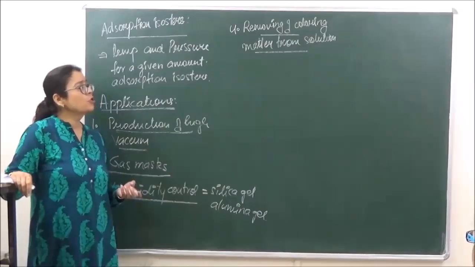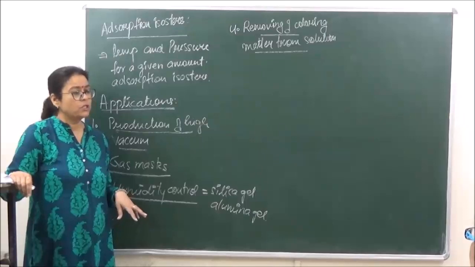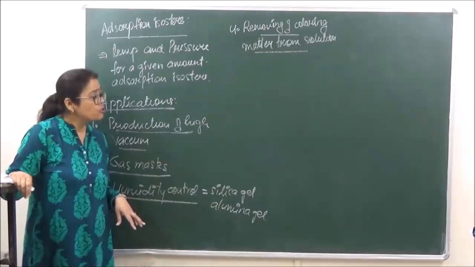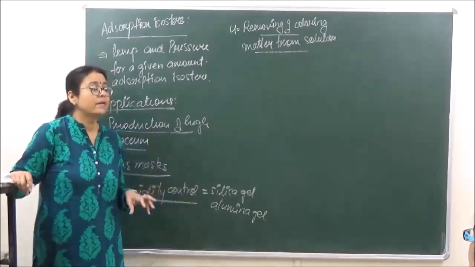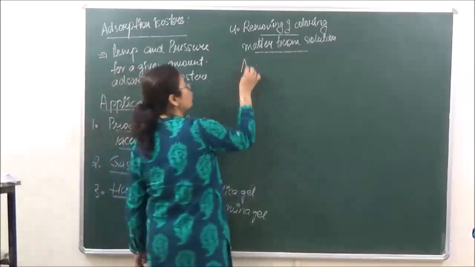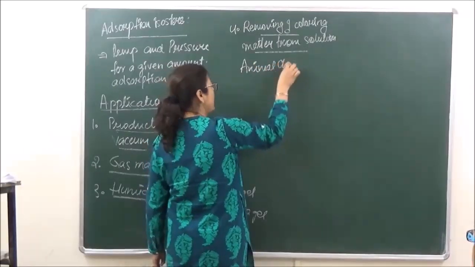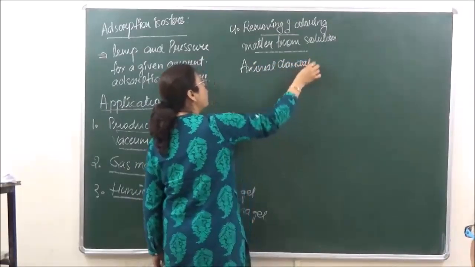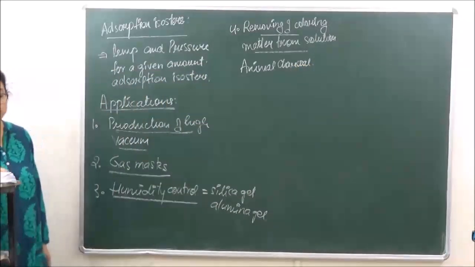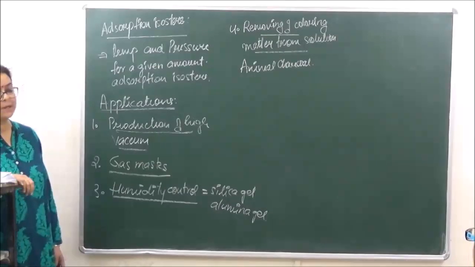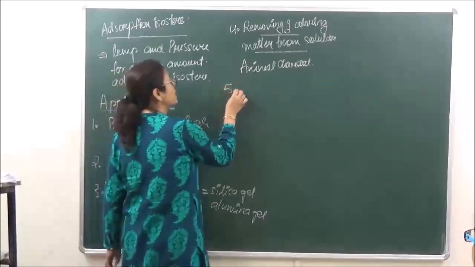Otherwise, the sugar cane juice is a yellow syrup from which sugar is crystallized. In order to remove the yellow color, a piece of animal charcoal is placed, and this animal charcoal has a tendency to adsorb all the color. Right? So that is used for removal of coloring matter. Then we will study in our next topic.